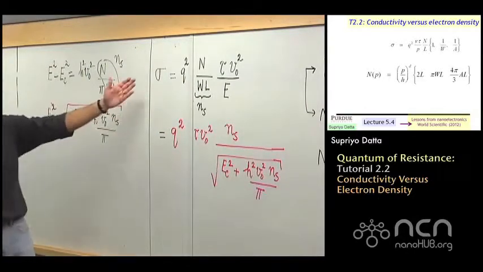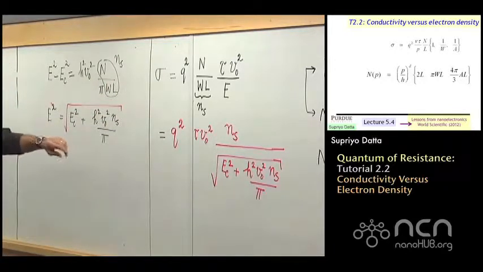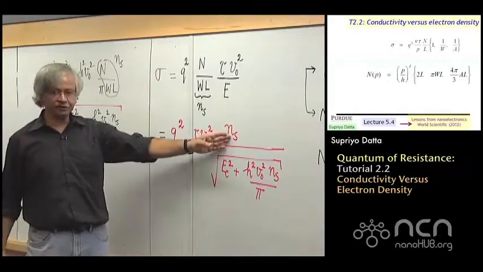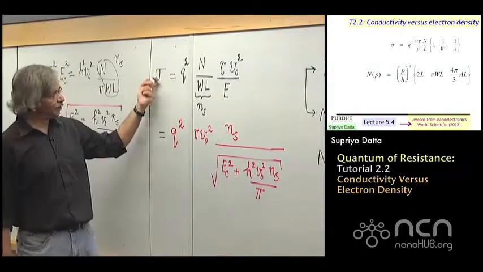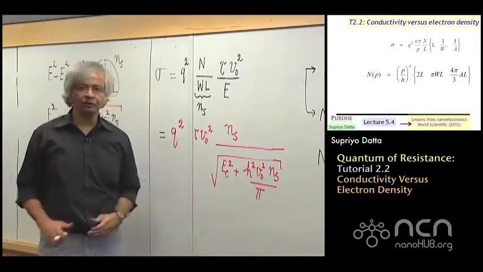So this would then be the general relationship between the conductivity and the electron density. And you notice it's not linear. Conductivity is not going linearly with Ns. It's like Ns divided by that quantity.